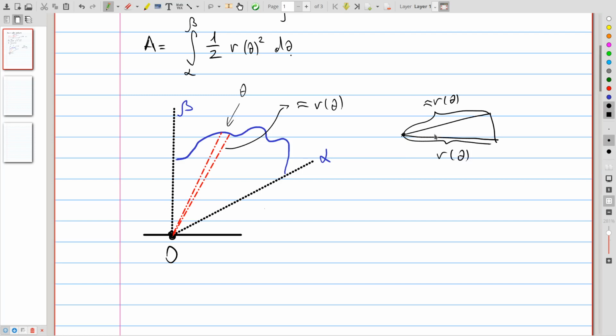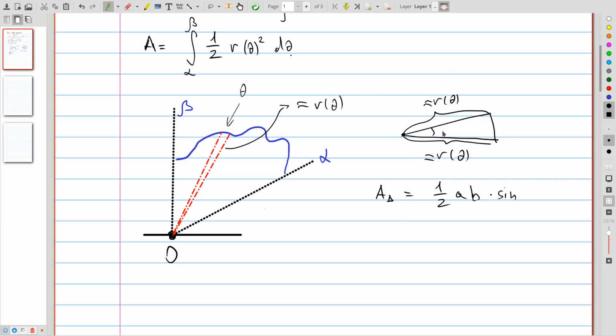We would like to compute the area of this triangle. You have to recall that the area of a triangle is given by the product of its two sides. If you have two sides in a triangle like this, you can compute its area by taking the product times 1/2 times sine of the angle between them.